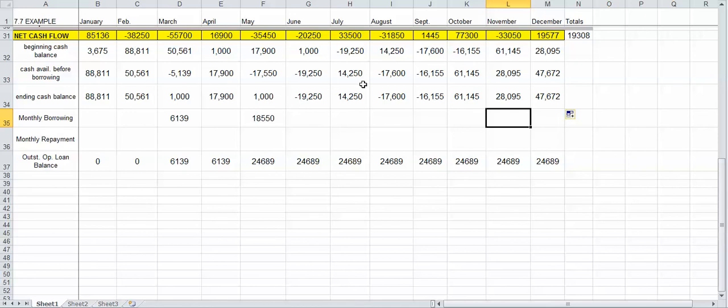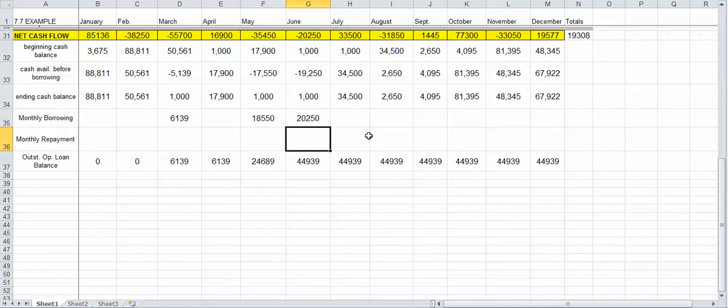The neat thing about a spreadsheet here is now that I've expanded and copied these formulas, I can simply look at my cash available before borrowings that are negative and in those months borrow the money that's needed to have an ending cash balance of $1,000. In June I have a negative $19,250, so I borrow $20,250. And when I do that, look what happens. The rest of the year ends in a positive.